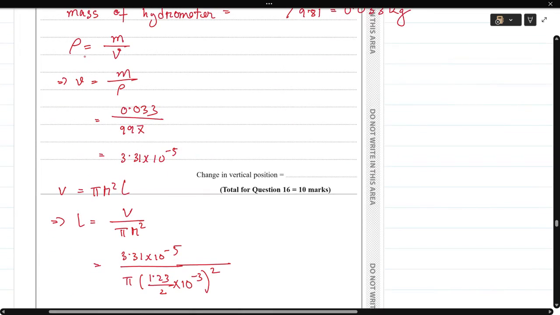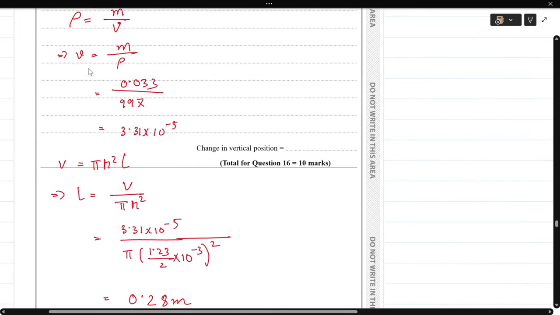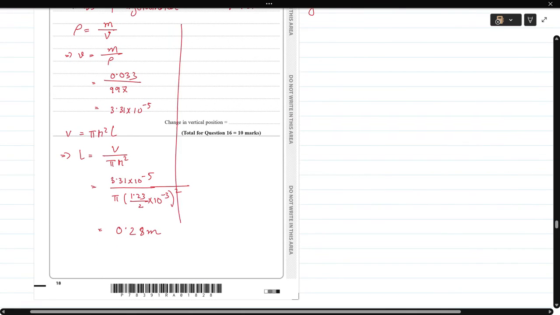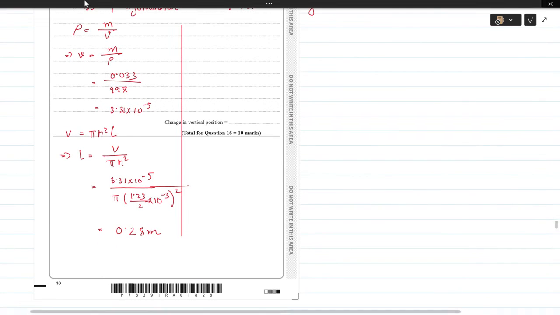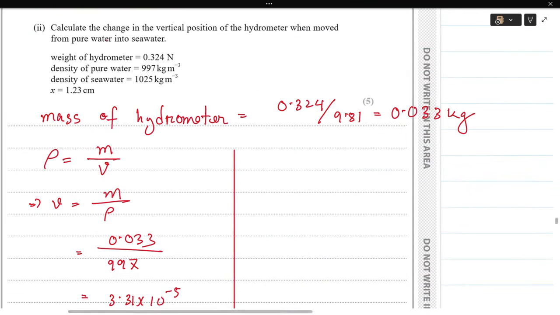We are going to repeat the same process for seawater.